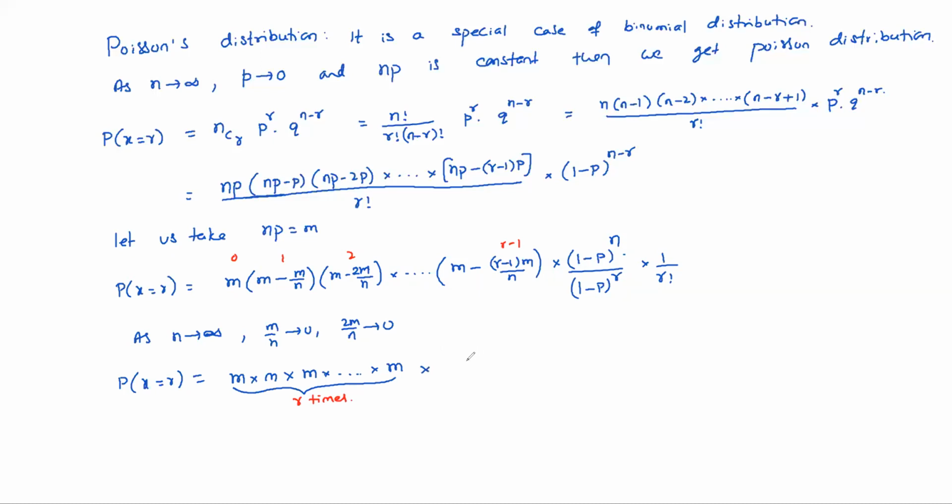Multiplied by, what else is there? 1 minus p to the power of n by 1 minus p to the power of r into 1 by r factorial, which is equal to m power r by r factorial into 1 minus p to the power of n by 1 minus p to the power of r.